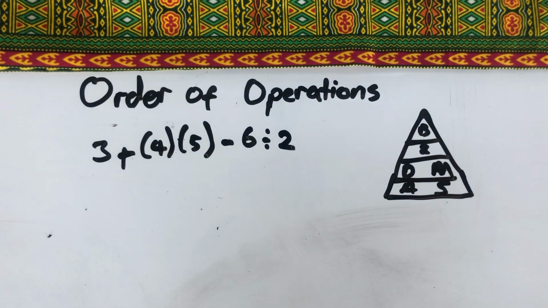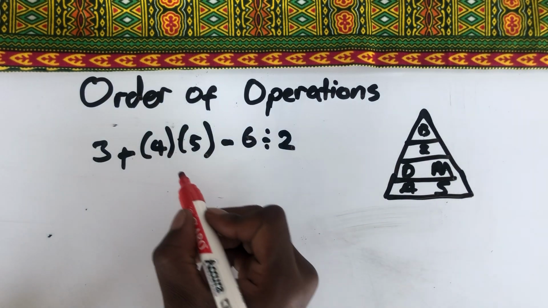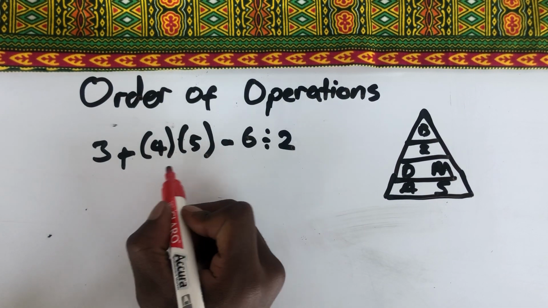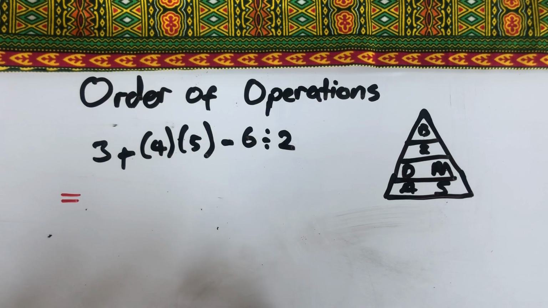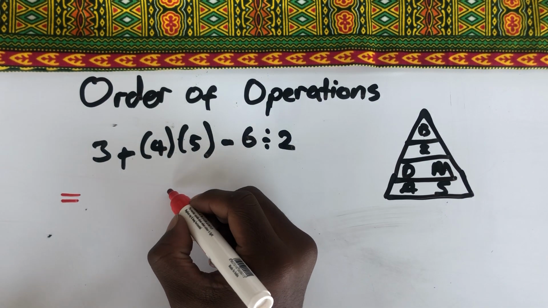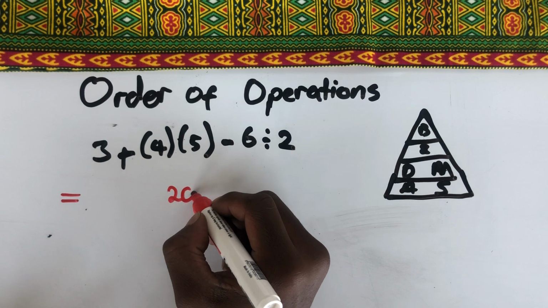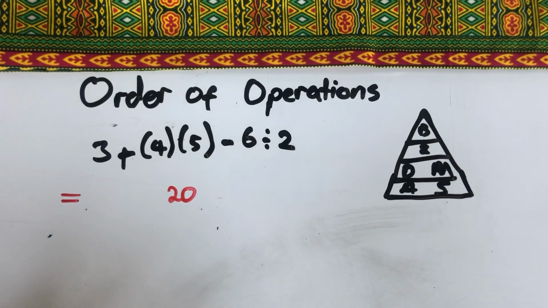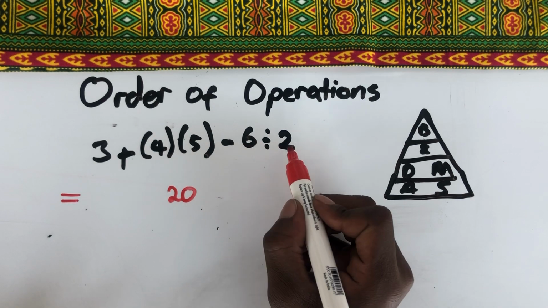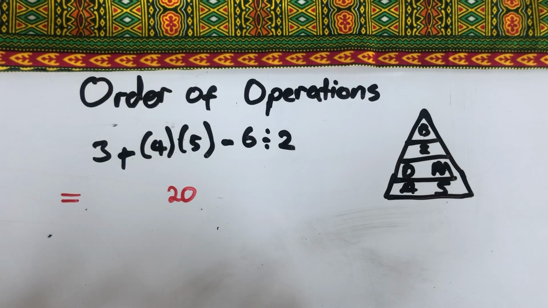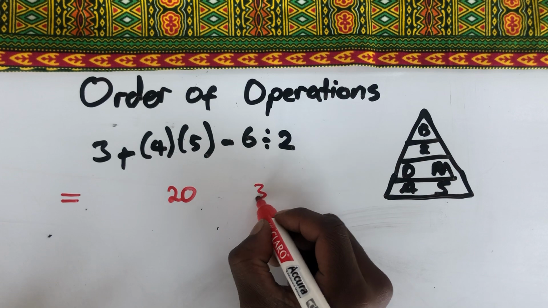Looking at the diagram here, the first thing that we need to do is solve the brackets. So we're going to say 4 multiplied by 5, which is 20. Then we're going to say 6 divided by 2, which is 3.